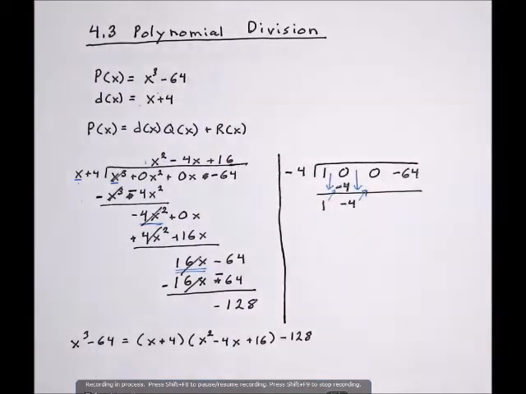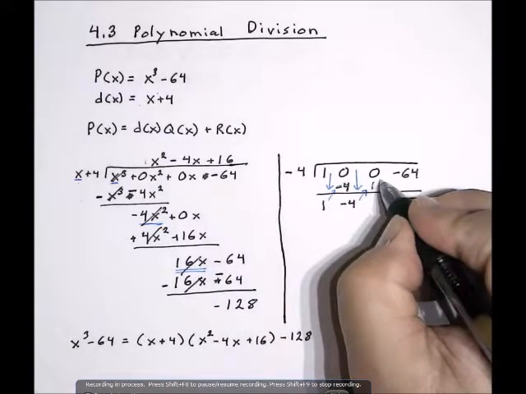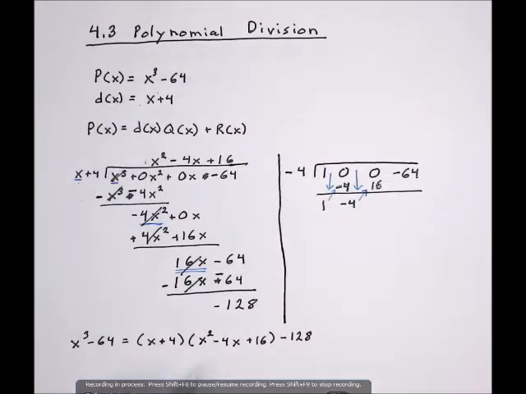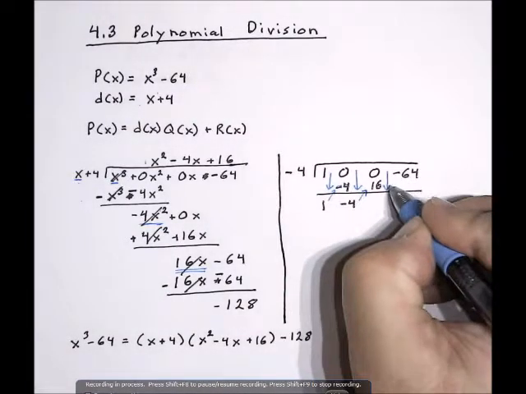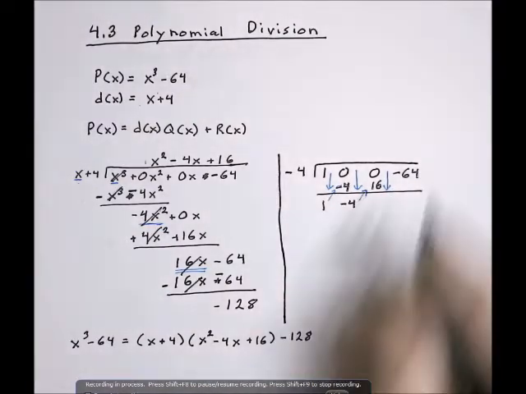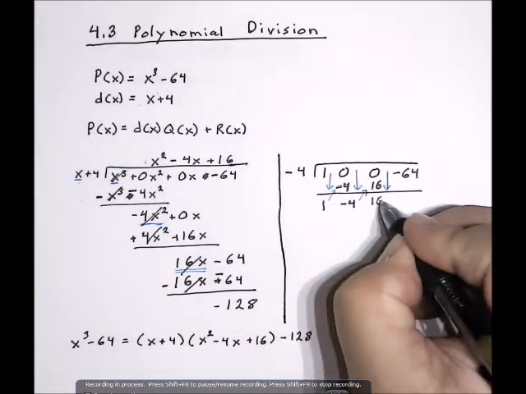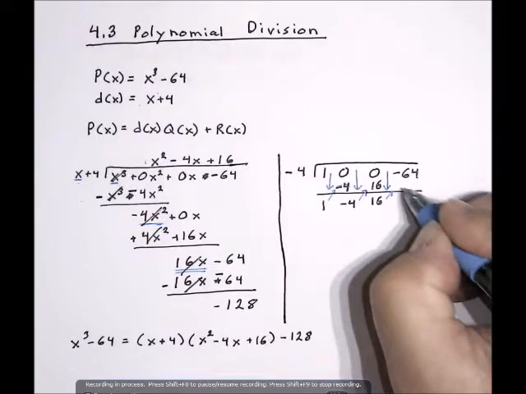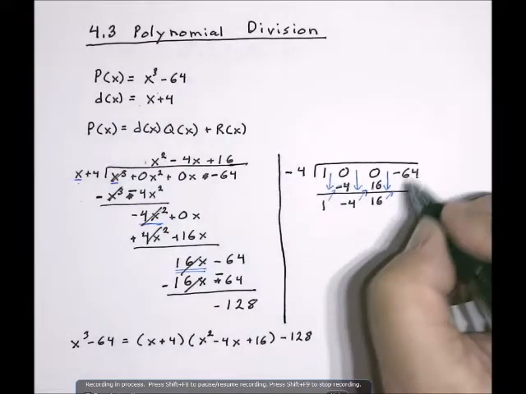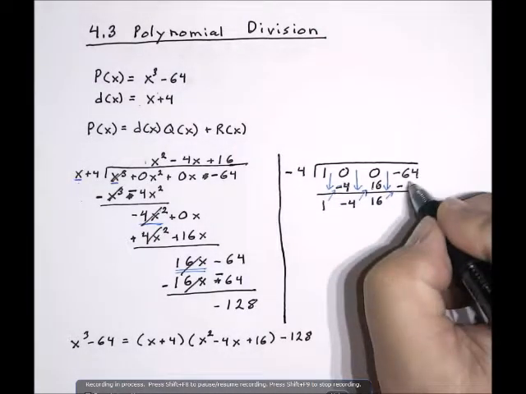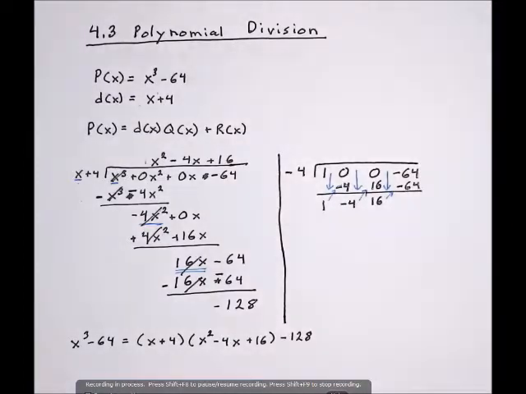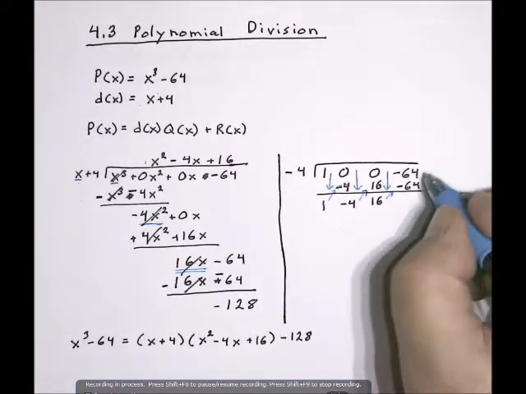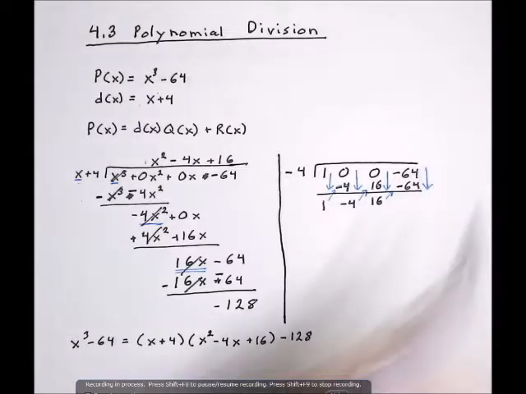So that gives me a positive 16. Add these two together. That gives me a 16. So 16 times negative 4 is negative 64. Put that up there. Add them together and bring it down.